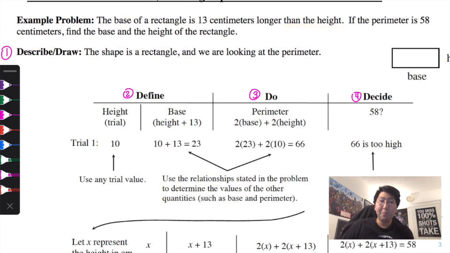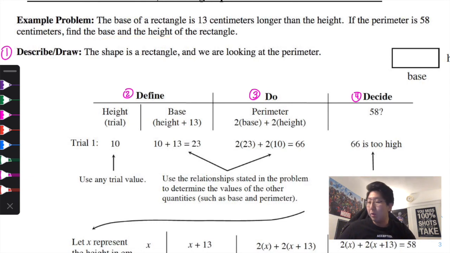The base and the height have values in this rectangle, so we need to figure out what those values are. That's the question: find the base and the height of the rectangle.